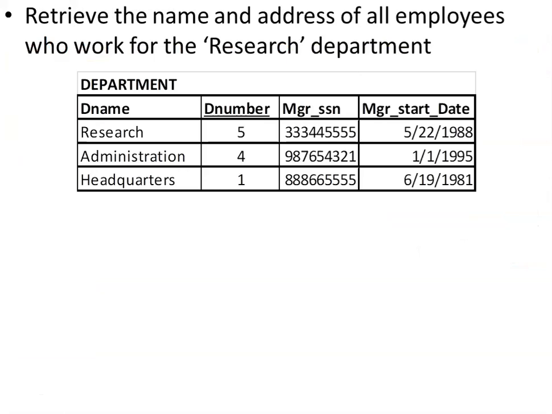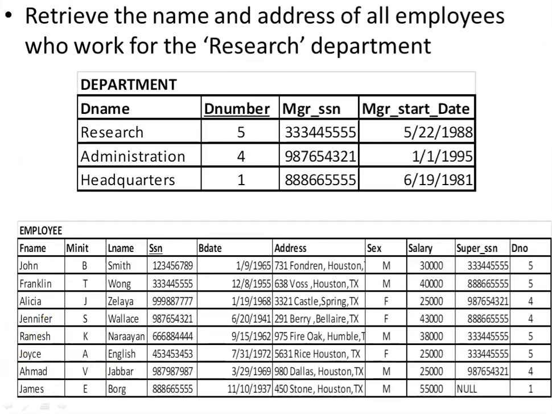So I make use of the department relation and the employee relation. I will apply a select operation on the department table and pick up those tuples where the name of the department is research.